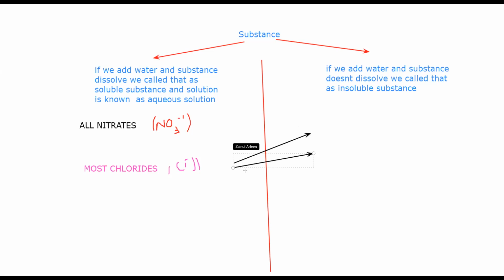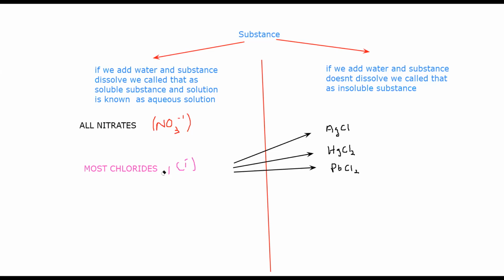Three chloride salts are insoluble, or do not dissolve, which are silver chloride, AgCl, mercury chloride, HgCl2, and lead chloride, PbCl2. These three chloride salts are insoluble, the rest of the chlorides are all soluble.